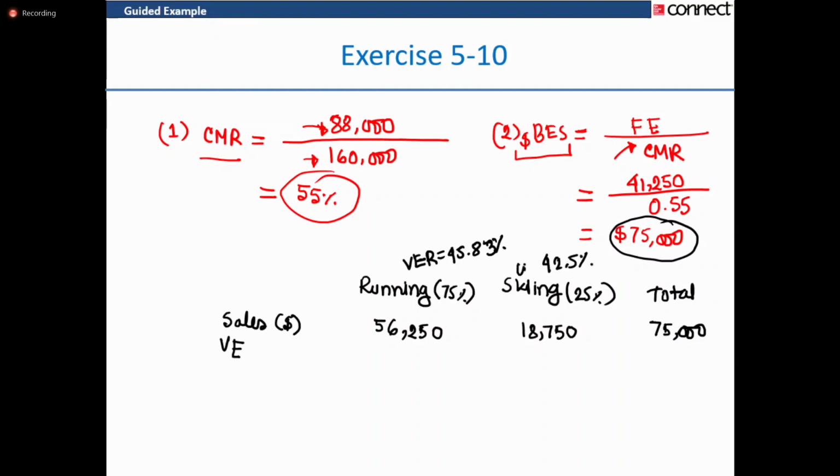Now apply these percentages for getting the variable expenses for each.